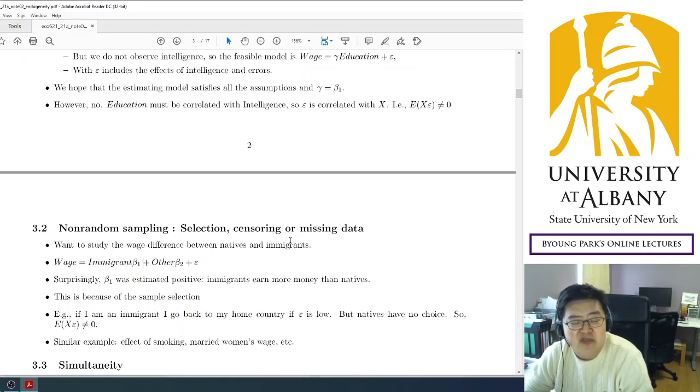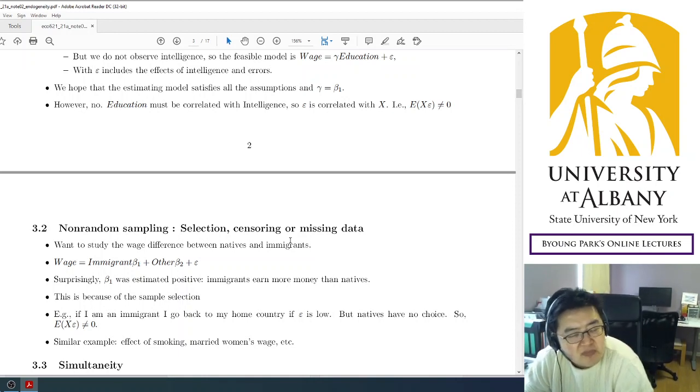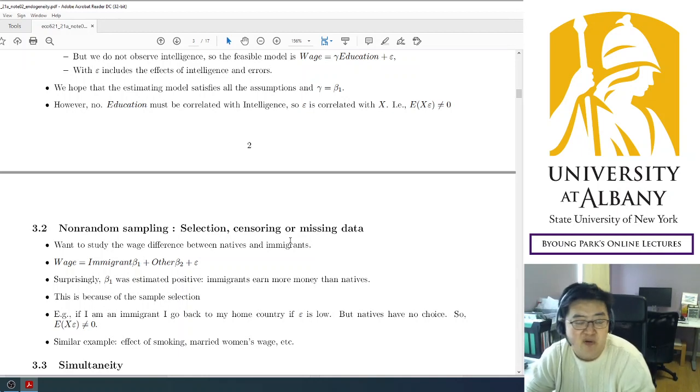But in the 1970s or 1980s, some labor economists studied this problem. At that time, it was an important problem. But surprisingly, the result is the other way. Immigrants made more money than natives. Can you believe? Of course, something is wrong.